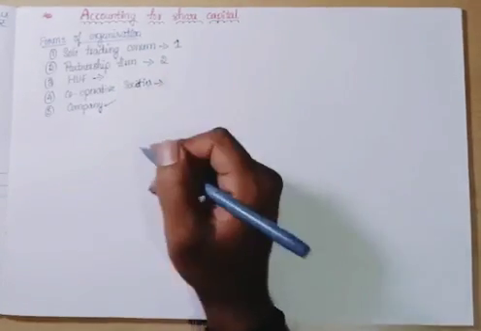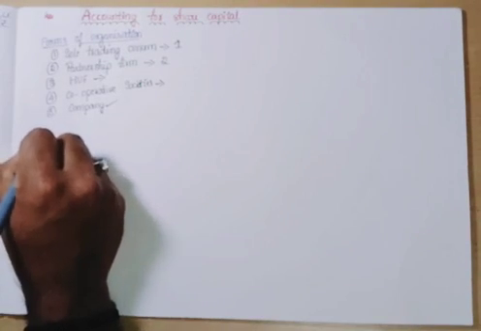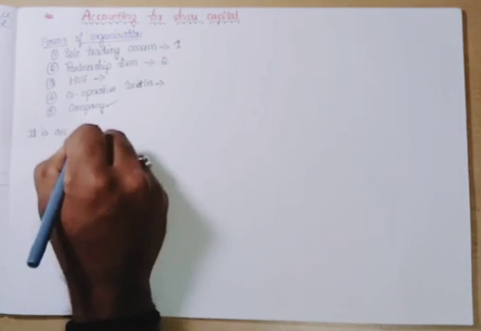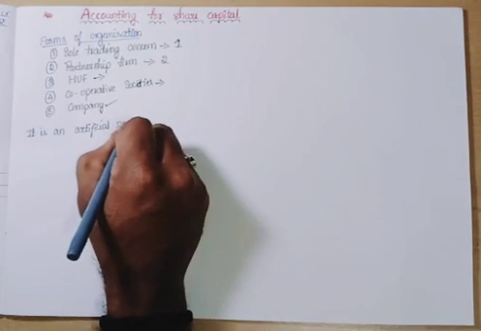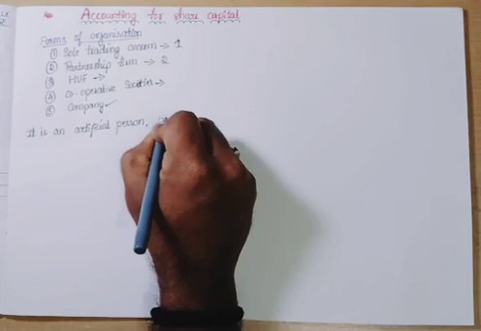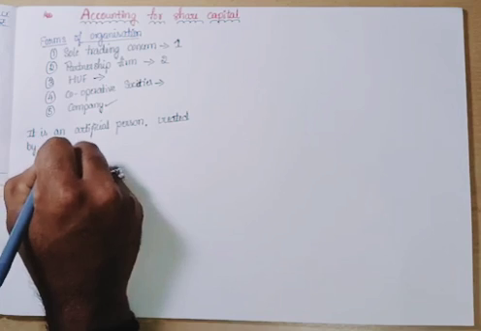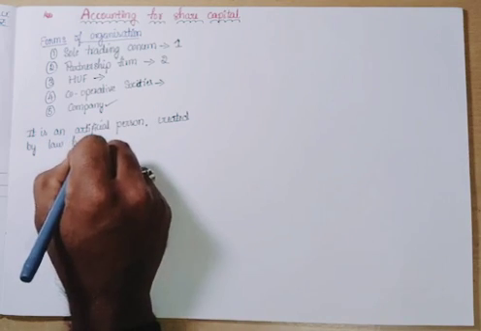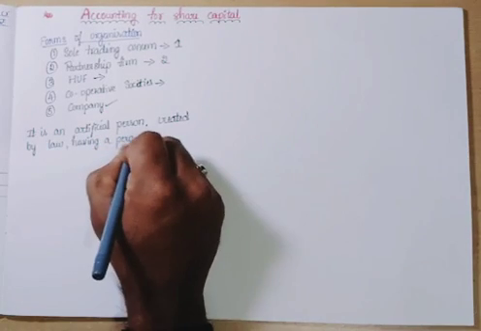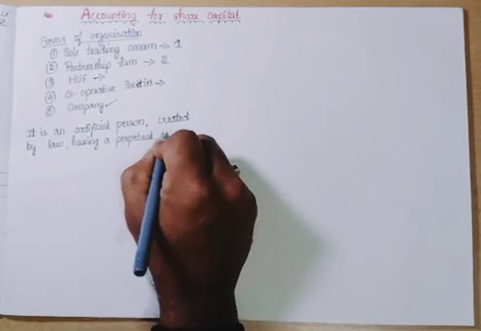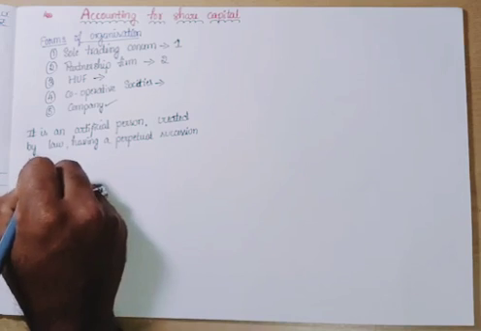Now let us see what you mean by joint stock company. A joint stock company is nothing but an artificial person, an artificial person created by law, having a perpetual succession, with a common seal.